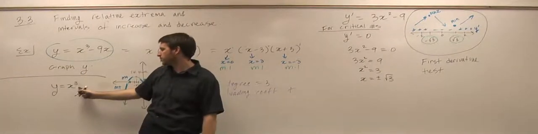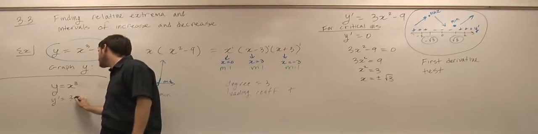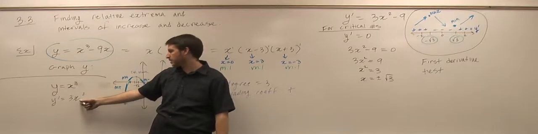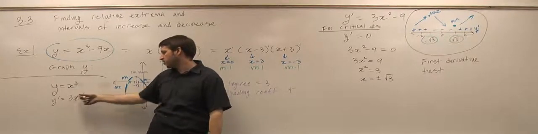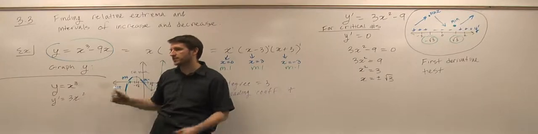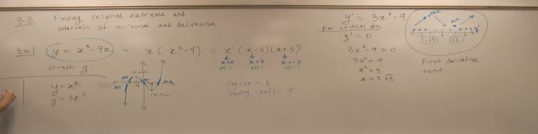It's got a zero slope at x equals 0, right? Because the derivative is 3x squared. So when x equals 0, it's got a zero slope. But the tangent line, the slope doesn't change because whether you plug in a negative number or a positive number, this is still positive.